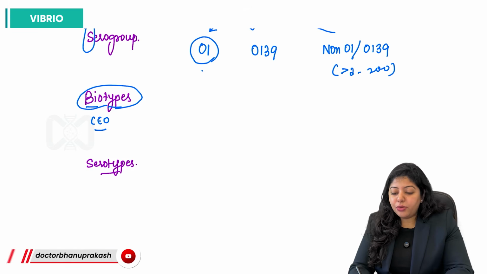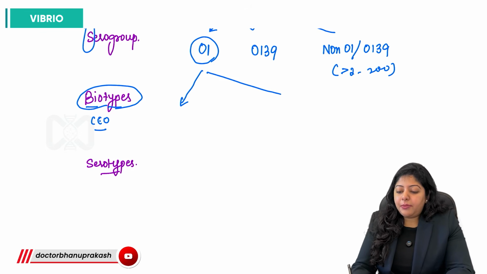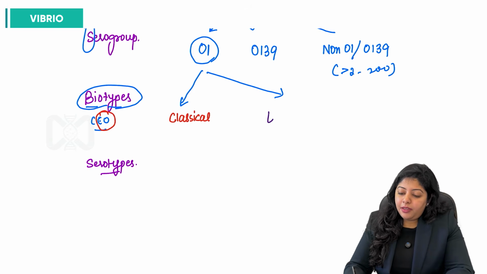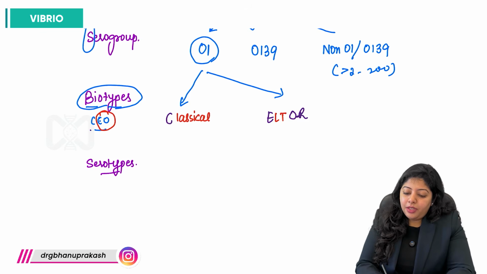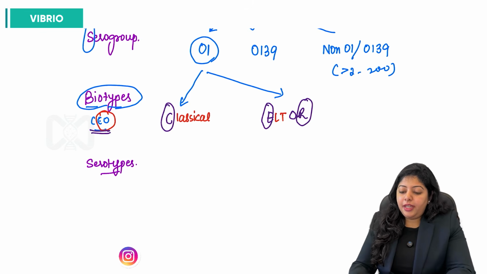There are going to be two biotypes: C for classical and EO for El Tor, right? So this concludes the biotypes, that is CEO.